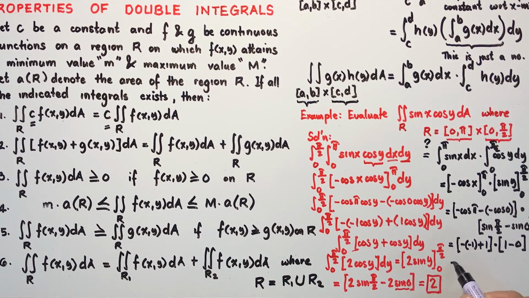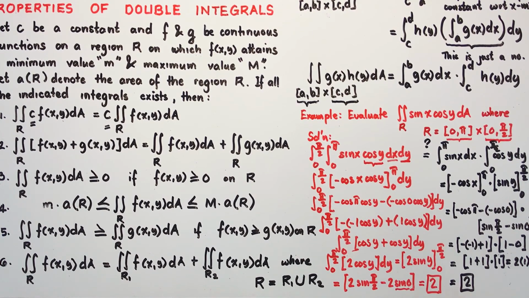So this is actually 1 plus 1 here, and this will be multiplied by 1 minus 0, which is 1. And 1 plus 1 equals 2, and multiplied by 1 equals 2.